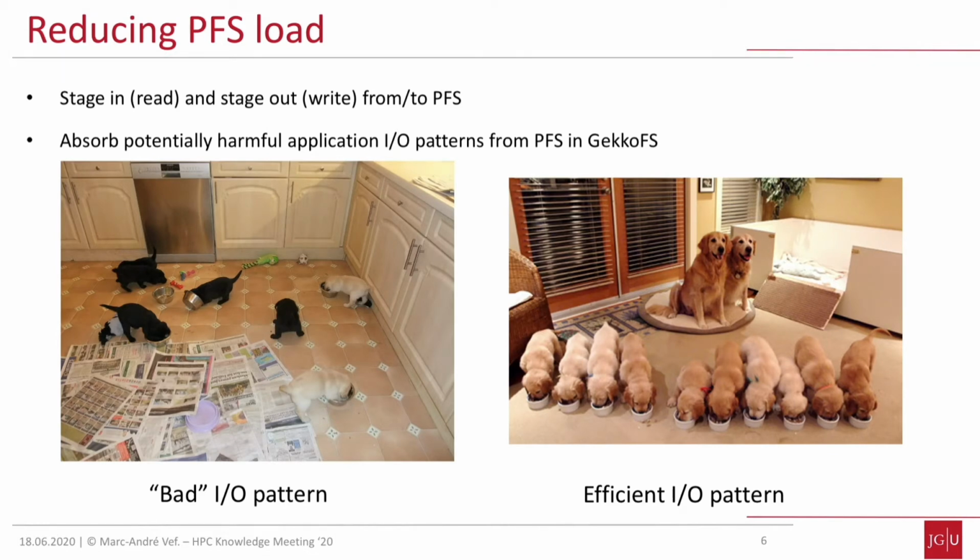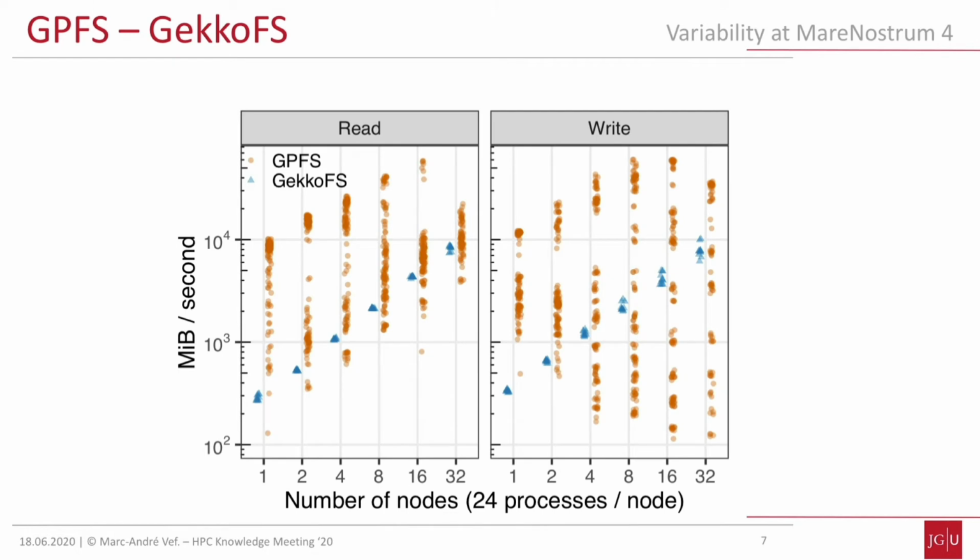So how would that interference look in the real world? For that, we looked at the throughput variability of GekkoFS at MareNostrum 4 at the Barcelona Supercomputing Center. What we have seen is that, depending on the time of day and what day we ran some performance benchmarks, we got a big difference in I/O throughput, both in terms of read and write, but for write it was even worse.